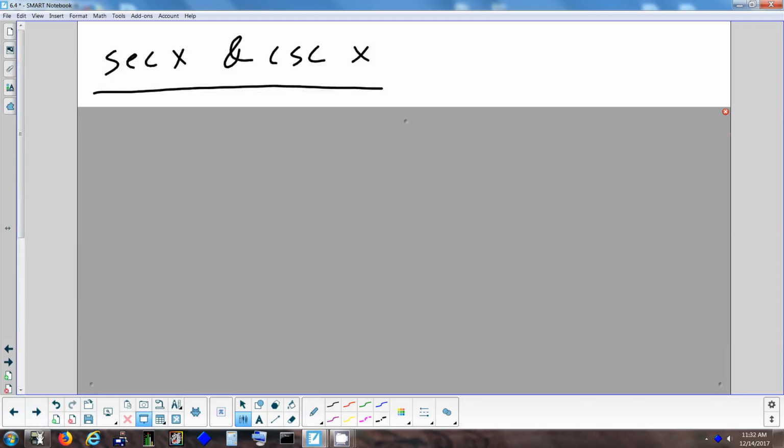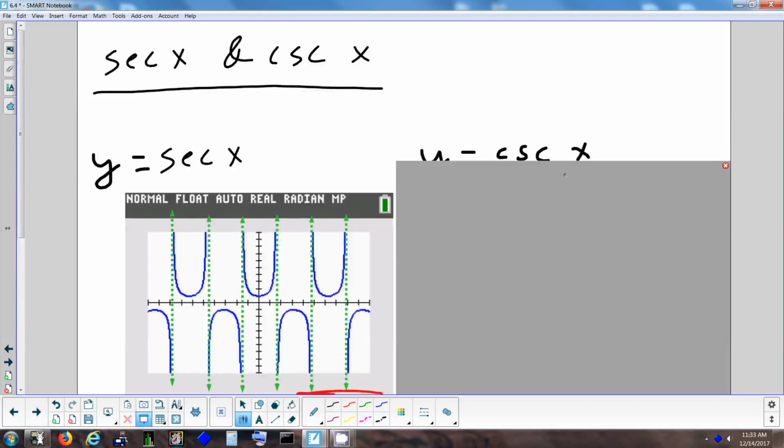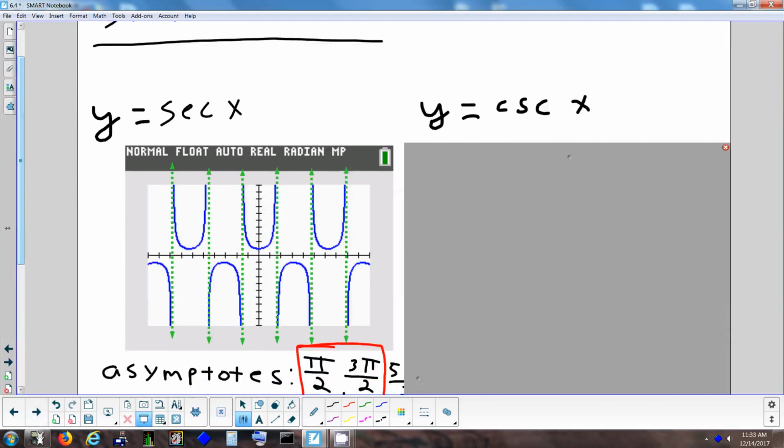So the last 2 are secant and cosecant. Like tangent and cotangent, they look very similar. What I've drawn here is multiple sections. Let me put two red lines around one section. Black lines work too.